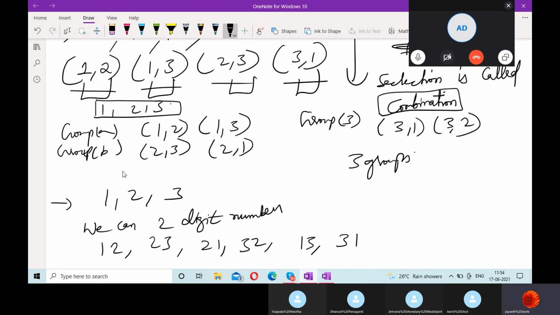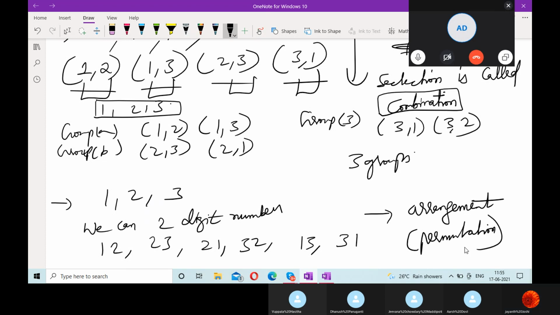When you just take the numbers and try to arrange them, what are we doing here? Here we are not doing any kind of grouping. We are just picking the numbers and arranging them. So this is called arrangement, and this is nothing but permutation. That is, selection and arrangement is permutation. Only selection is combination, okay?